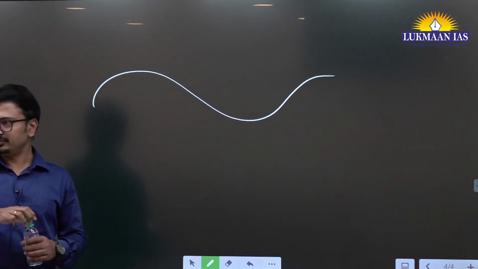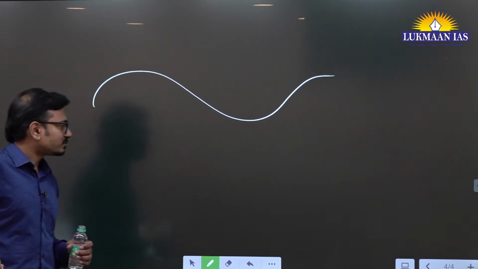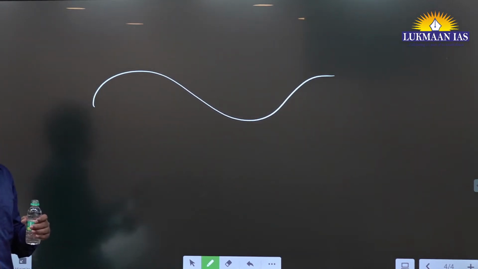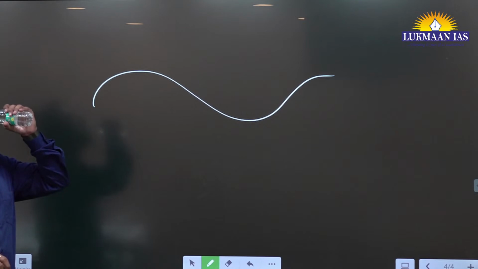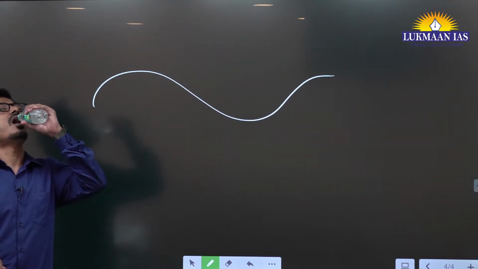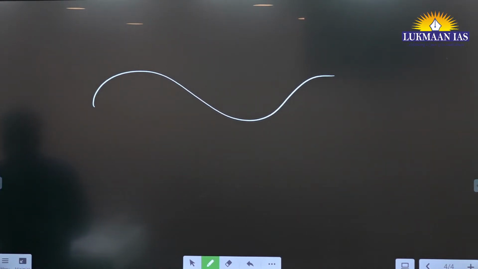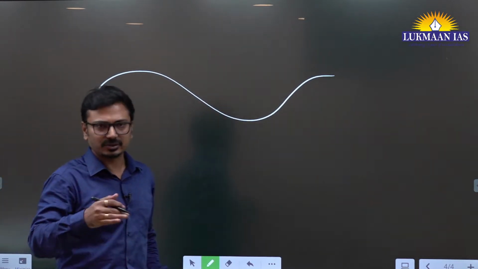Jet stream, geography में पढ़ा है ना आपने? Have you learned about it now? Yes, subtropical jet stream, where is it located? Between 20 to 30 or 30 to 40.